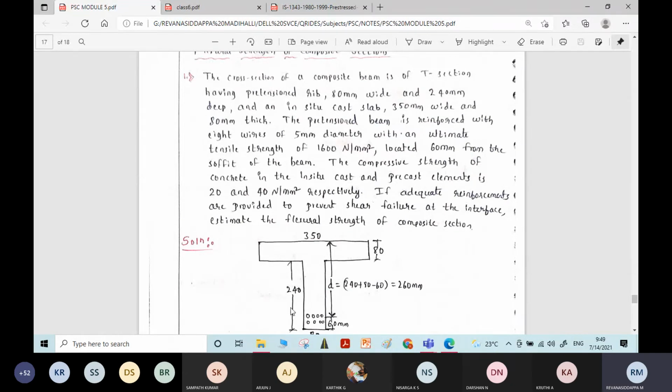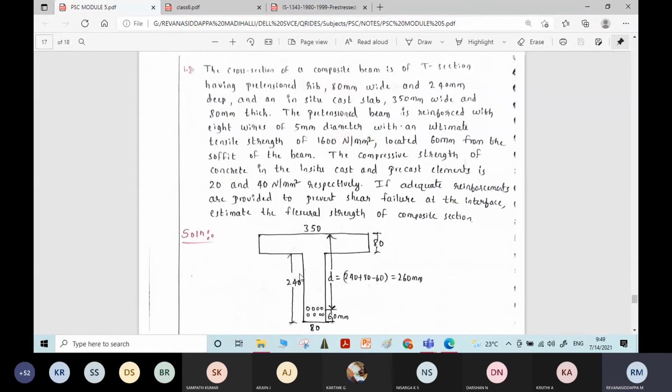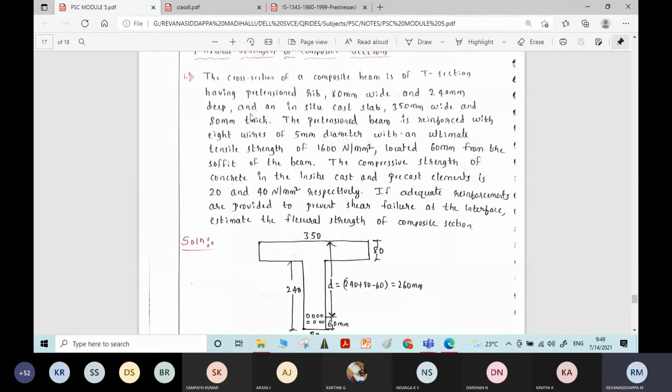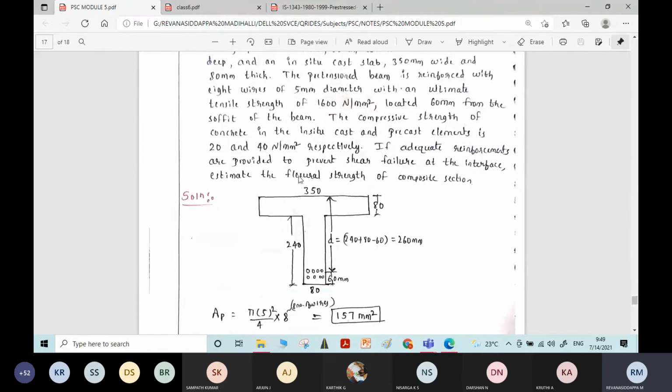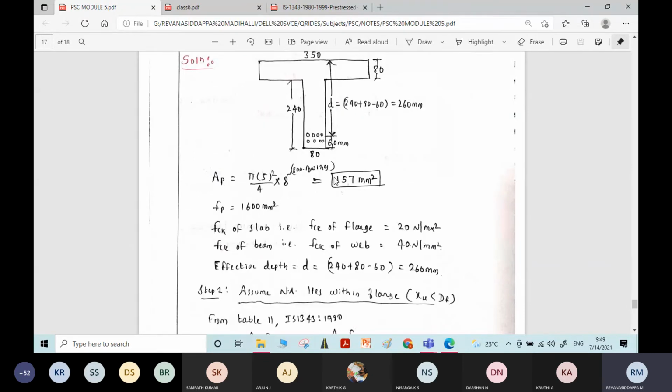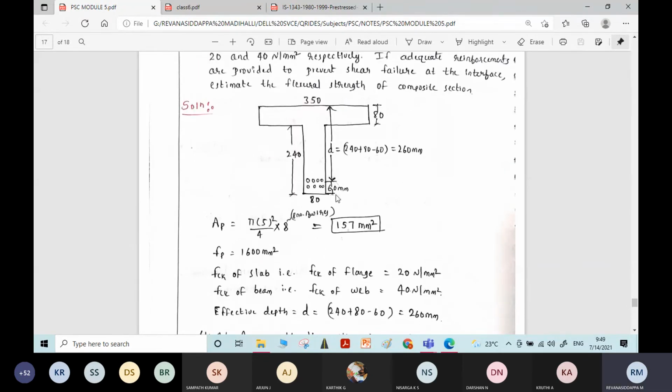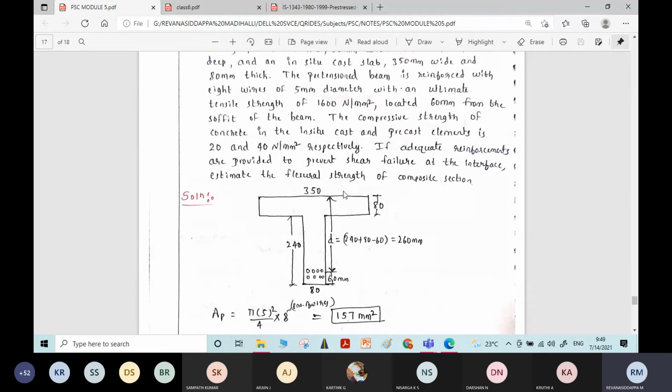The pre-tensioned beam is reinforced with 8 wires of 5 mm diameter, with an ultimate tensile strength of 1600 Newton per mm square, located 60 mm from the soffit of the beam. Fp is given, that is 1600.